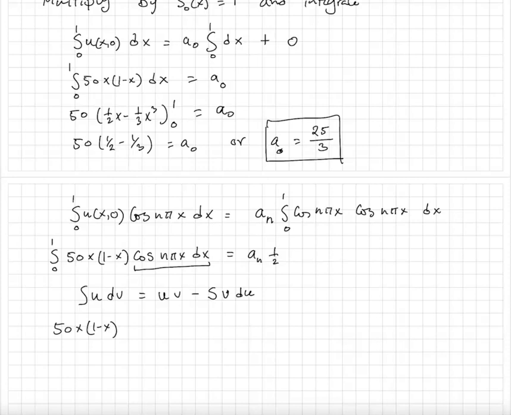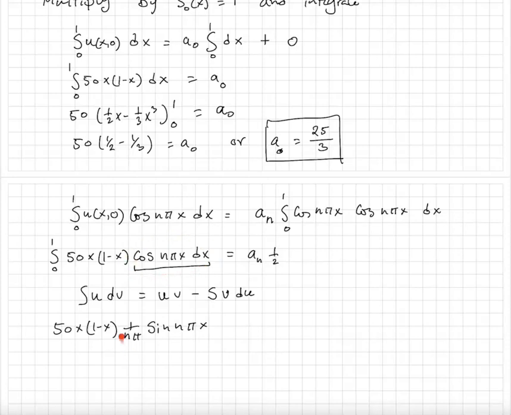You integrate that: 1 over n pi sine n pi x. When you integrate cos, you get 1 by n pi sine n pi x. So dv is cos n pi x dx.